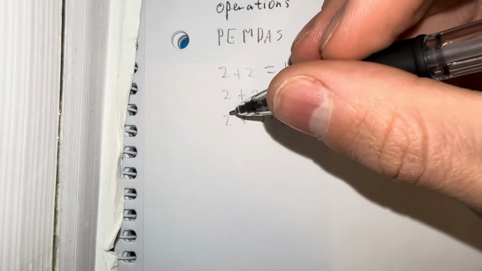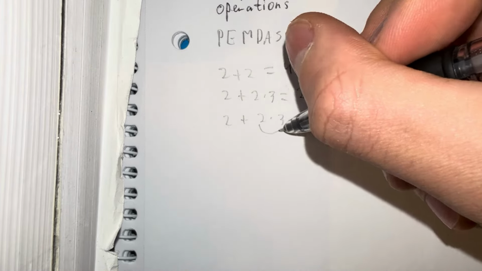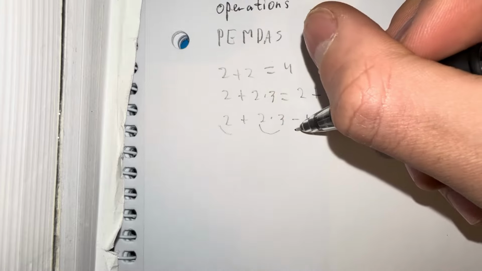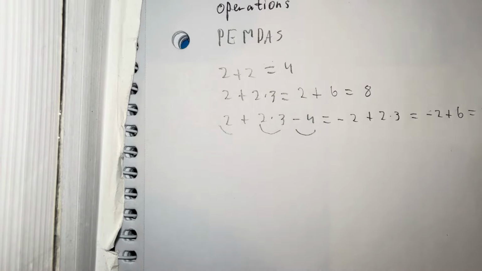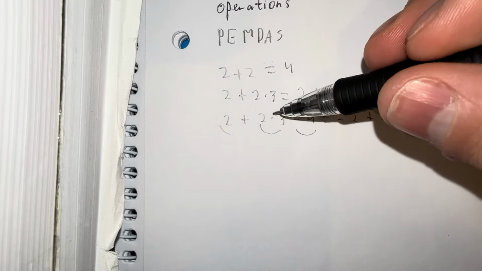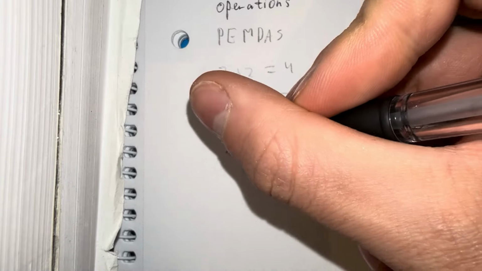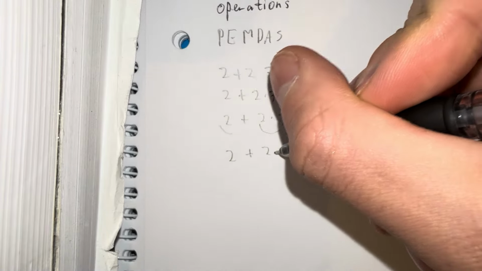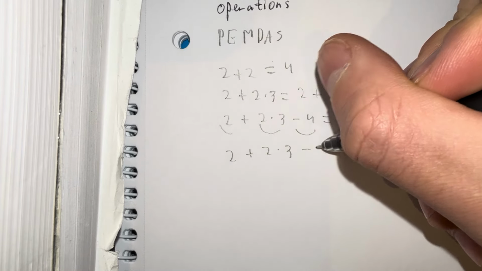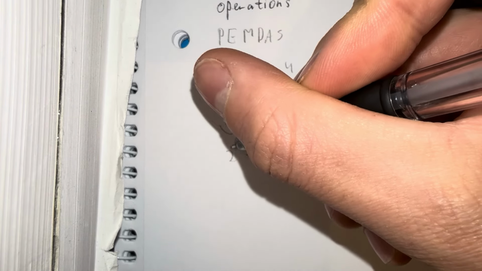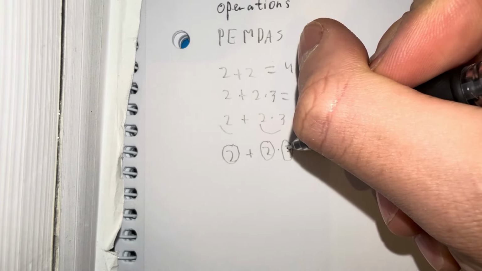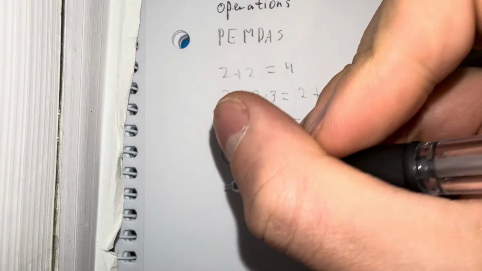It is perfectly fine to add terms. These are terms, even though you do have multiplication appearing. What's not allowed is this: 2 plus 2 times 3, minus 4. You may not add this 2 with this number or this number. You can only add whole terms.